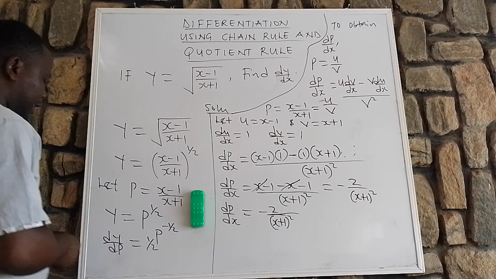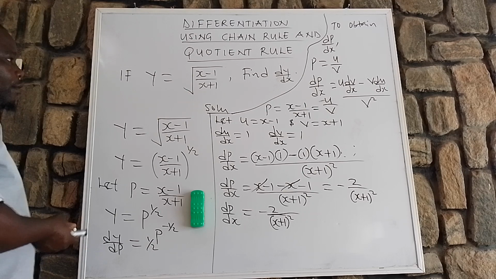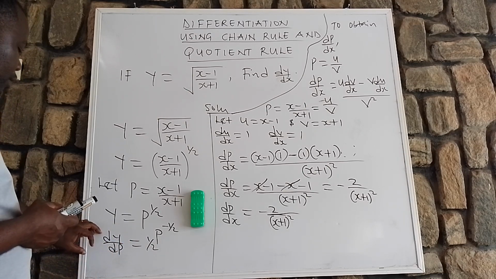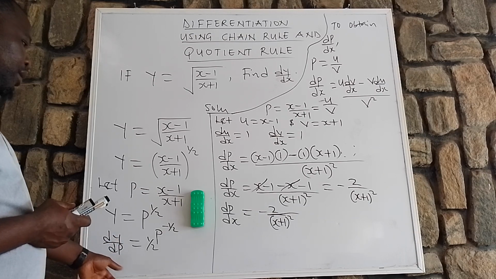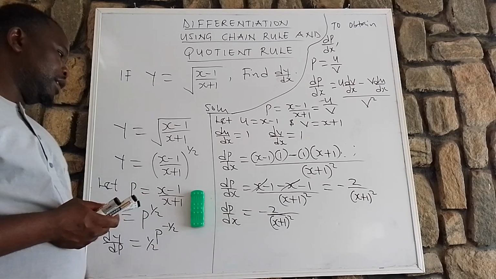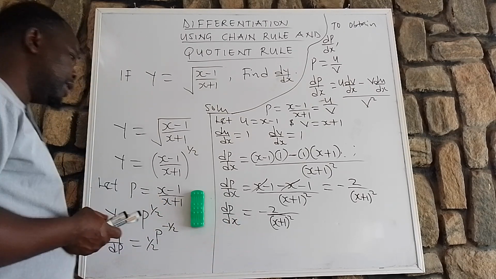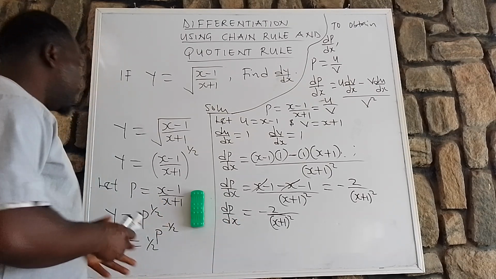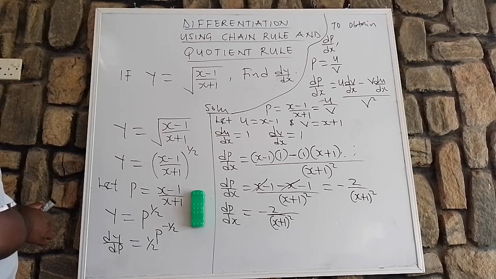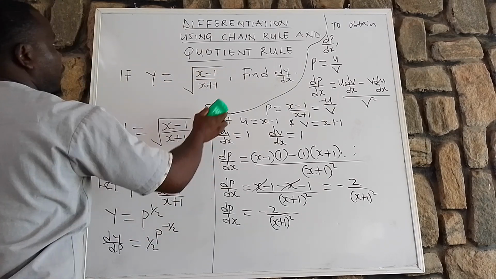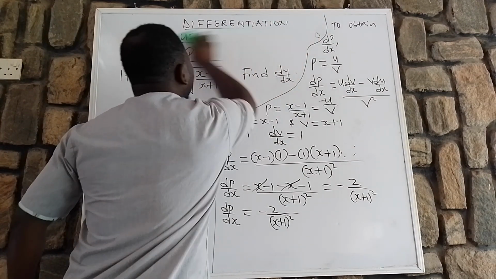So what next is for us to form our chain rule. Is that clear? Since now we have our dy over dp and the dp over dx, the product of these two answers is our chain rule. Let me clean this up.